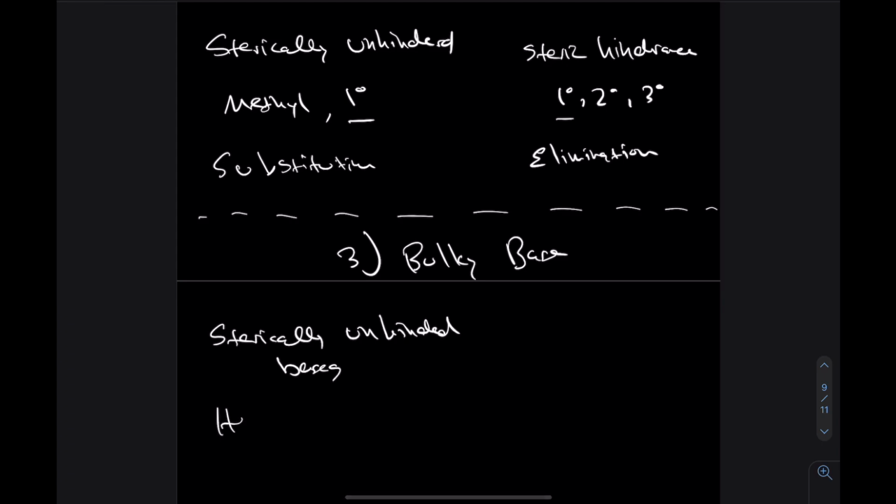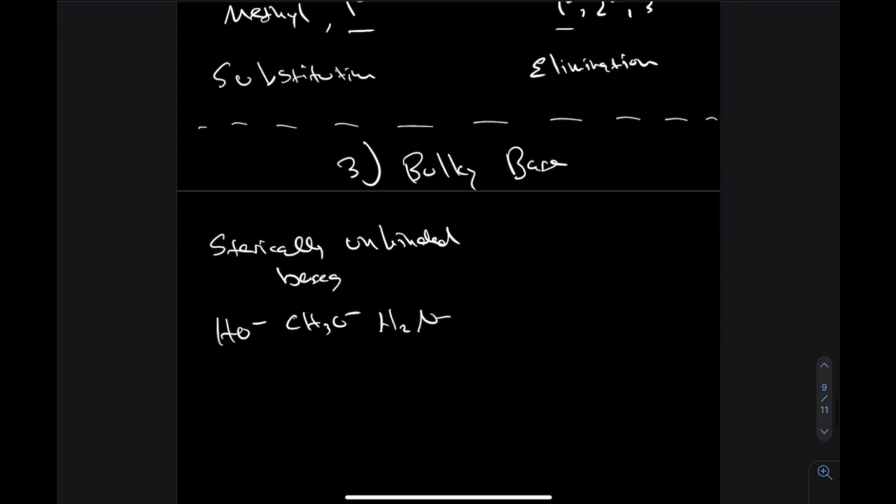Those are your hydroxides. They're little svelte bases that can get in and grab protons. They can also get in and just do a substitution. So these strong unhindered bases will like to go in and just grab a proton, but they're also just as likely in many cases to do some sort of substitution and kick off. They're small, they can get in, they can do SN2 chemistry pretty well.